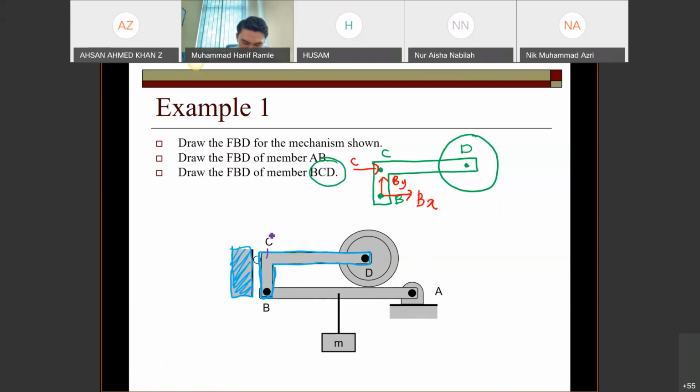In this case there are 5 possibilities: up, down, right, left, and the moment or rotation. So about rotation, can this BCD be rotated?